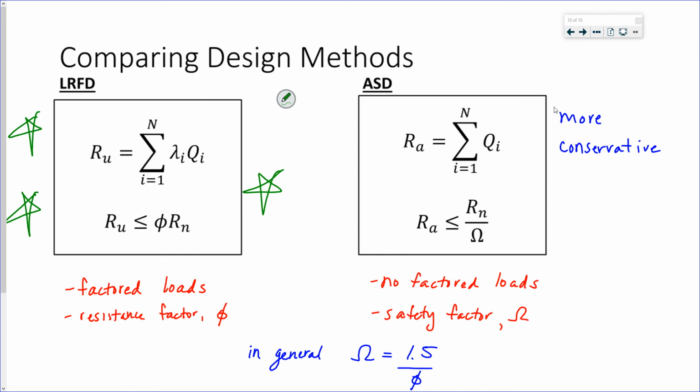ASD might come up, but we'll be focusing on LRFD and LRFD numbers in this class. So that is a discussion on design approaches that will be used for structural steel design.